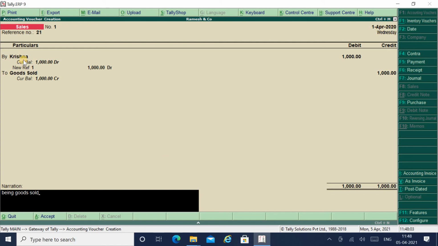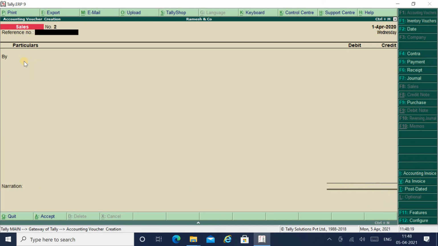Whenever you are identifying the sundry debtor and you are keeping his name under debit, then that transaction will be considered as credit only.